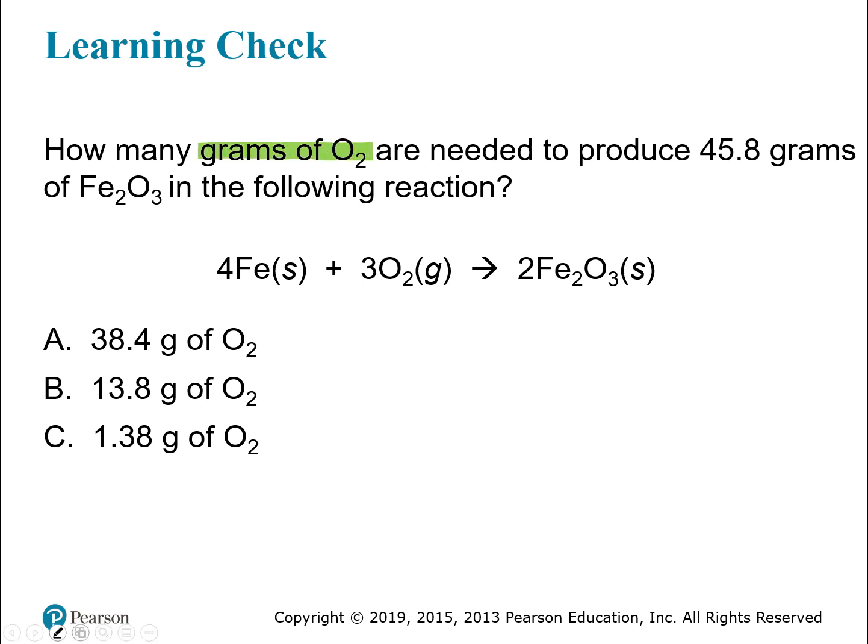We're looking at grams of oxygen as what we need, and we're starting with the amount of product that we made. So our question is, if we have 45.8 grams of iron 3 oxide, how many grams of oxygen gas were needed?